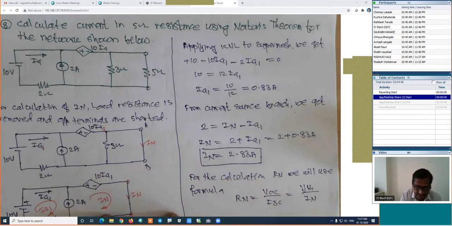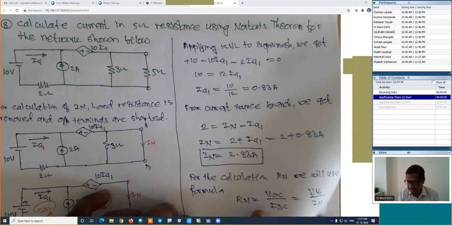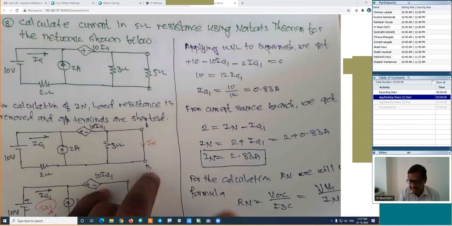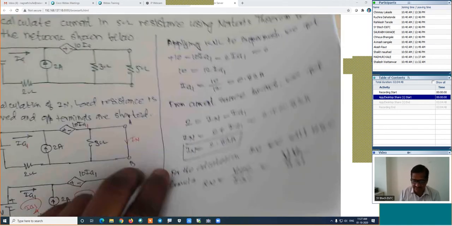Now we will find out this VTH or VOC. For that, what we have to use? We have to remove this load resistance and keep its terminal open, and then work out the calculation, and then we are able to find out its value. I will use the similar figure.